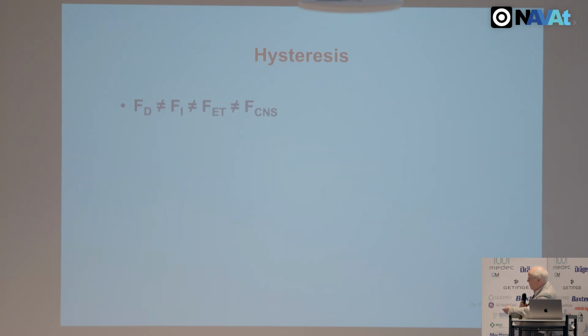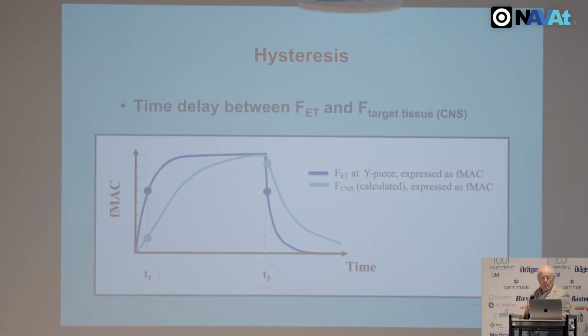Because during the first 15 minutes of an anesthetic, when the agent is washed in, the partial pressure in the brain will be delayed, the rise will be delayed. So there is a time delay between end tidal partial pressure and target tissue partial pressure, in this case the CNS.